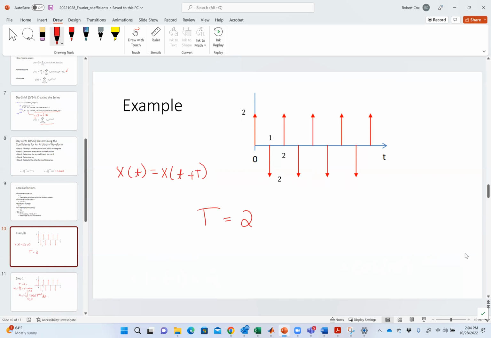Many waveforms in the real world have odd symmetry, and so they tend to have odd harmonics. I think I showed in the very first lecture that the voltage in that wall socket has odd harmonics because of the odd symmetries that exist.